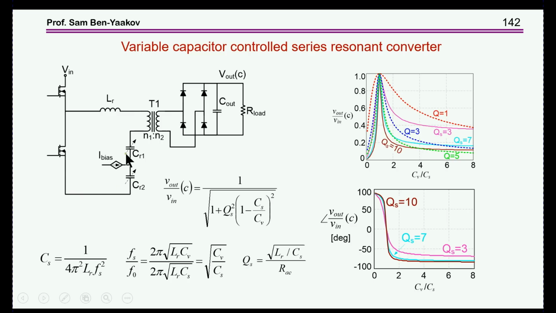And I'm injecting here DC. The purpose of this DC is to shift the capacitance. There's no energy involved, only when you move from one point to another, because this point does not consume any power. It is just a little bit of charge that you have to inject into the point in order to move the DC value of the capacitance, and that's it.